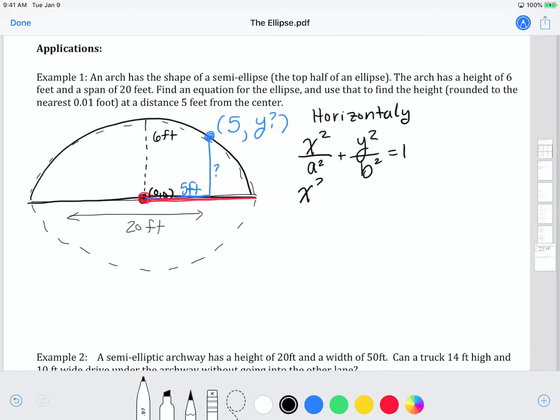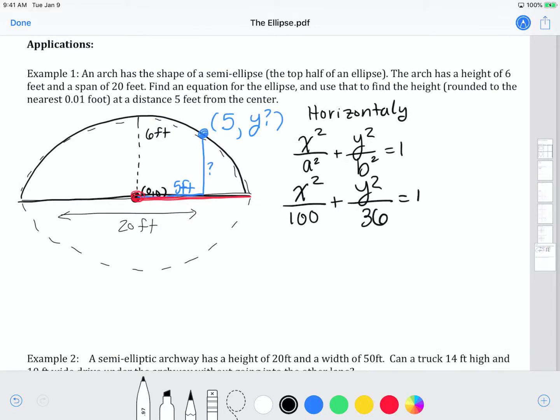So I would have x squared over 10 squared, which is 100, plus y squared over, now we've got to find b. b is 6. From the center out on the minor axis would be 6. So I would have 6 squared, which is 36, is equal to 1. So here's our equation that we're going to use. This is the equation of the ellipse that we drew.